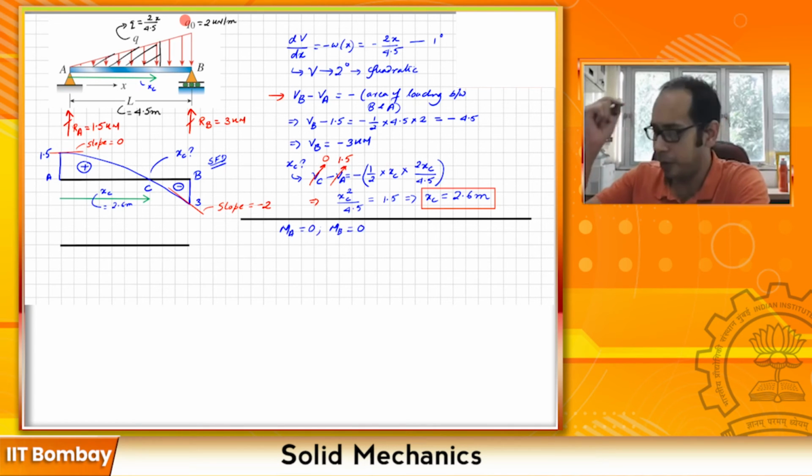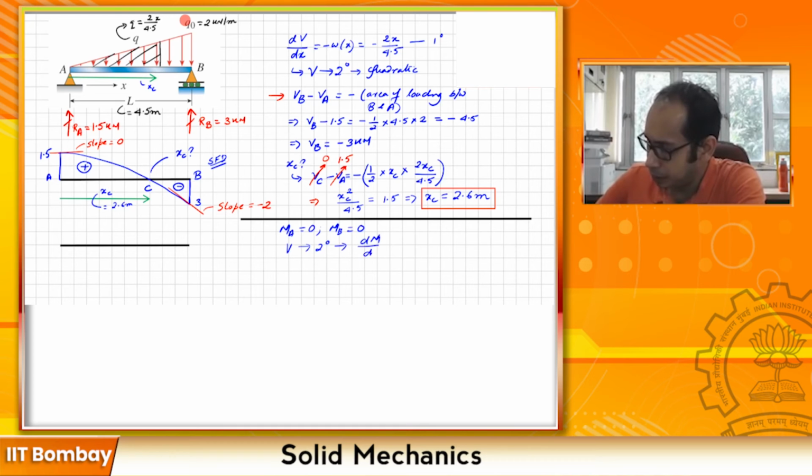And how is the variation going to be? Since my V is degree 2, and dM/dx equals V, that tells you that your moment must be cubic.